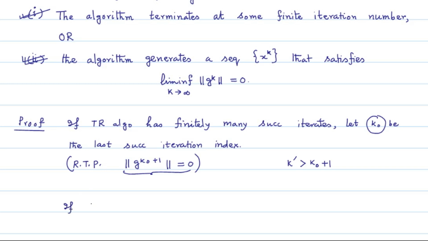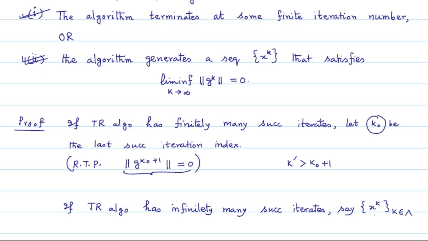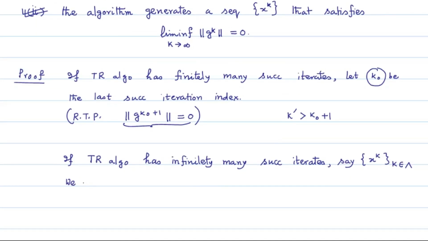If the trust region algorithm has infinitely many successful iterates, say the sequence xk, where k belongs to some index set lambda, we prove that the limit infimum of norm gk must be equal to 0, where k tends to infinity but k must be lying in the index set lambda.